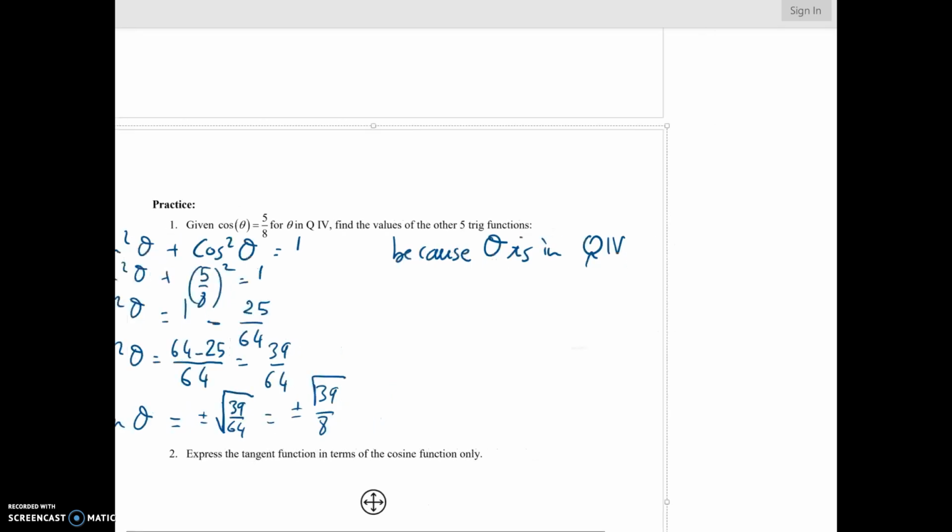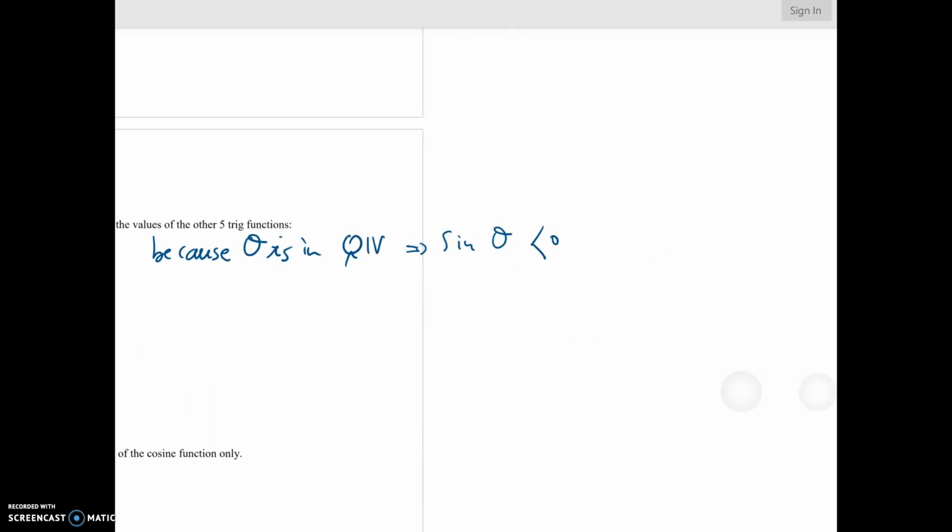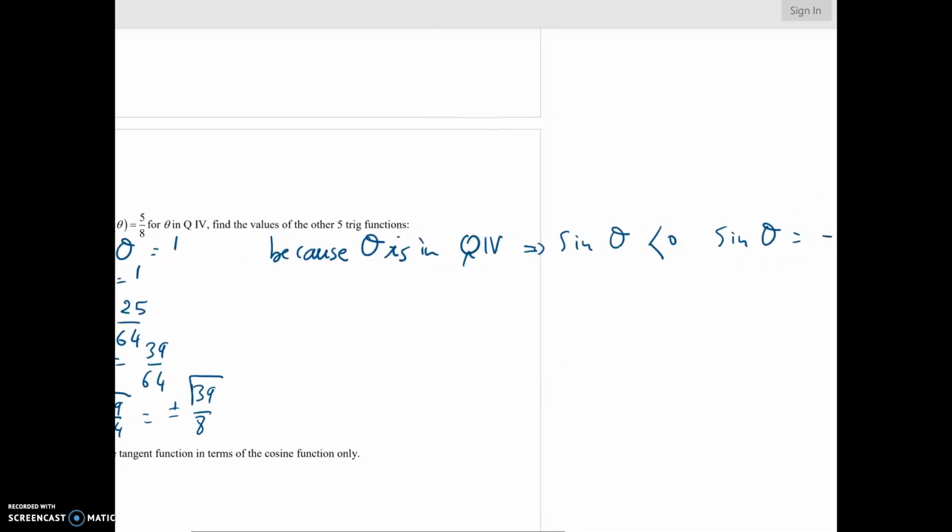It means that the sine of the angle theta will be negative. Okay? So that means that the value of the sine we found is going to be negative square root of 39 divided by 8.